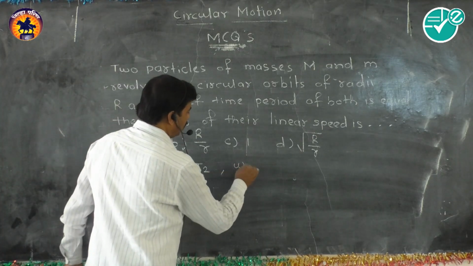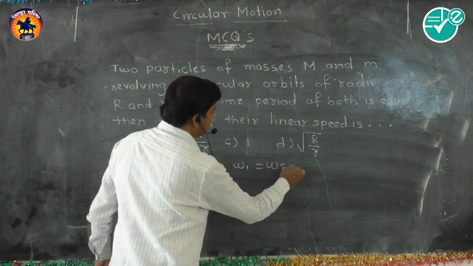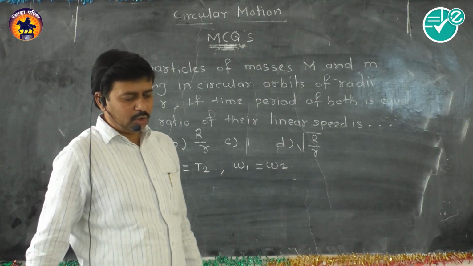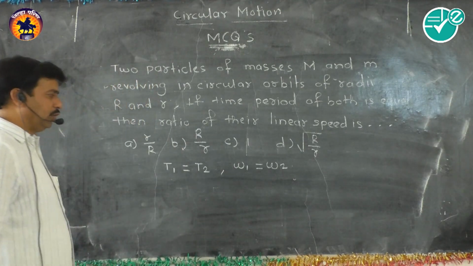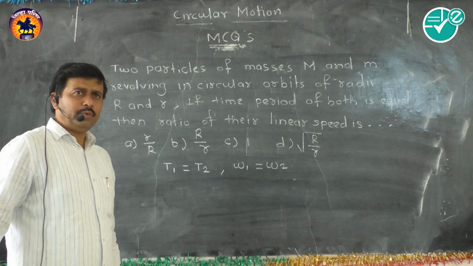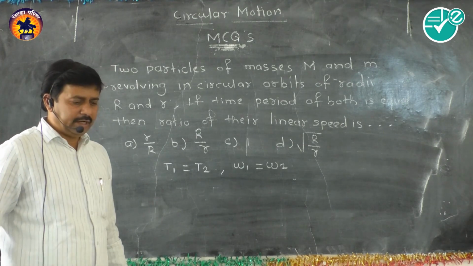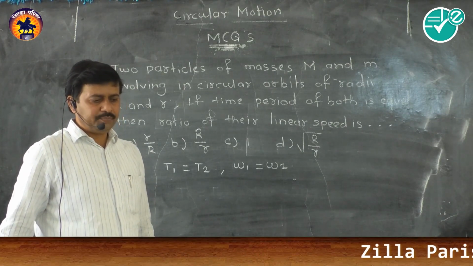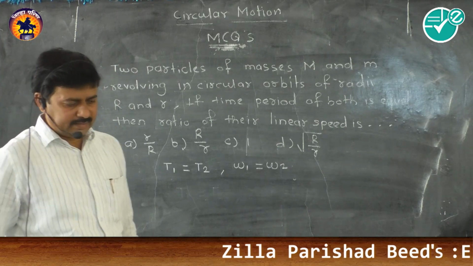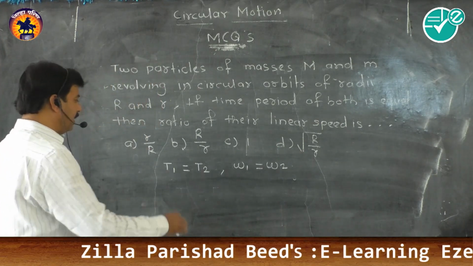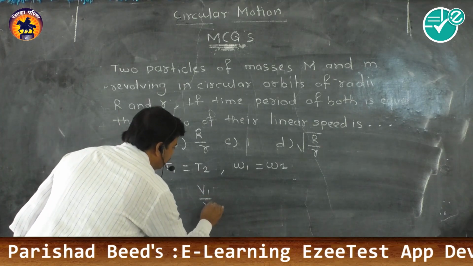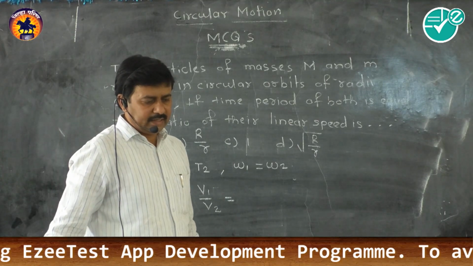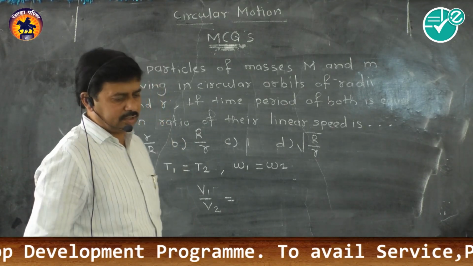So therefore we can relate their angular velocities, that is omega 1 will be equal to omega 2, and as we know that omega is equal to V by R. So V1 upon V2 will be equal to capital R upon small r.